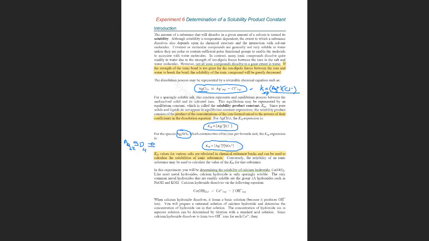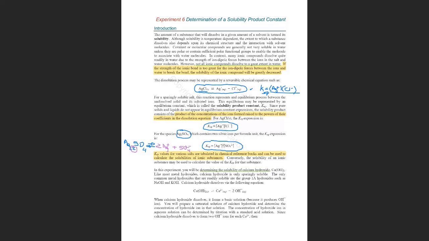This salt is in equilibrium with what? How many silver ions do I have in silver sulfate? I have 2. So the dissolution will give me 2 silver ions. This is important, always. Plus 1 sulfate.